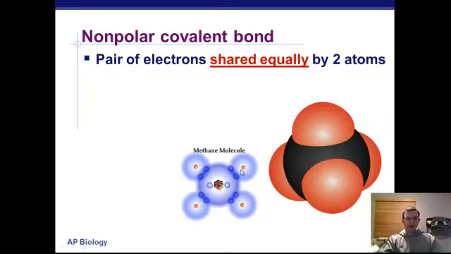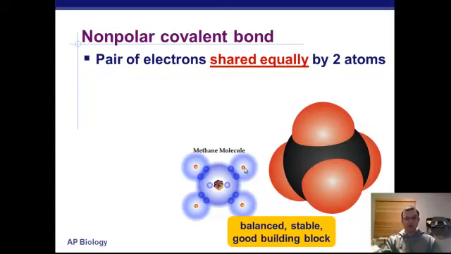The electrons between the hydrogen and the carbon get equally shared, and all the way throughout we get equal sharing of those electrons. So there aren't any ends that are more positively or more negatively charged. It's an even distribution throughout the entire molecule. These are balanced, stable, and great for using as building blocks.